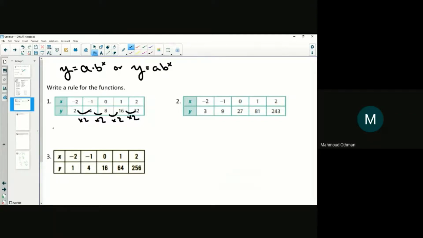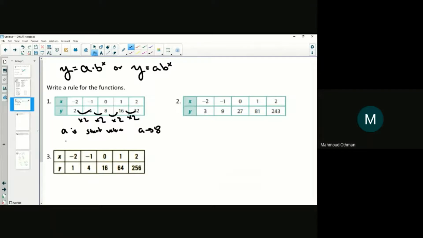Now, the thing is, I need to find my a value. My a value is my starting value. So when x is 0, what's y going to be? So a is the starting value, and if when x is 0, y is 8, then that means a is going to be 8.